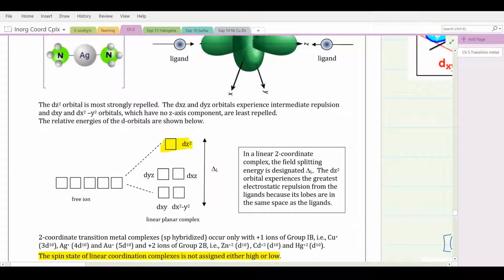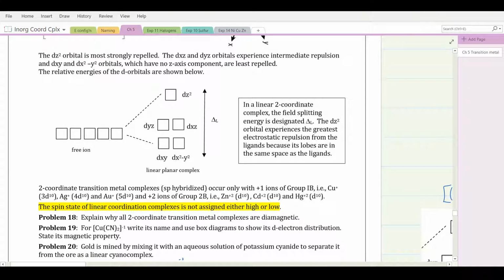The dyz and dxz have some component in the z region, so they would be repelled somewhat. The dxy and dx squared minus y squared have virtually no electron density in the z region. They would be least repelled. Again, this reduces to a very simple case, fortunately.